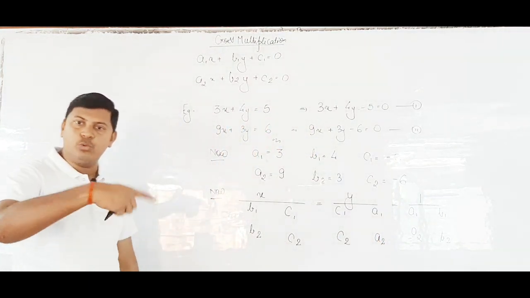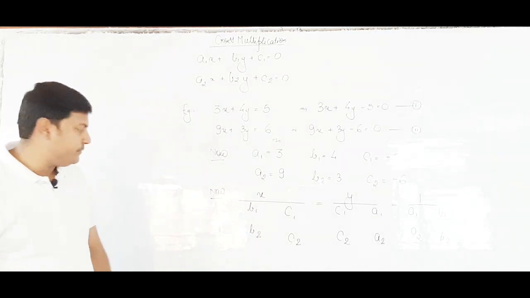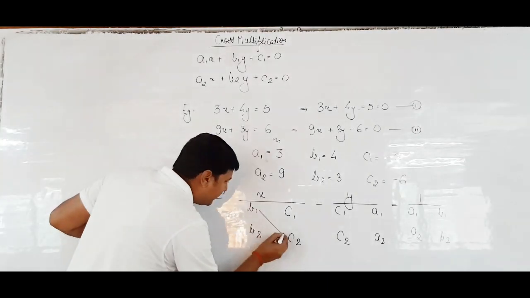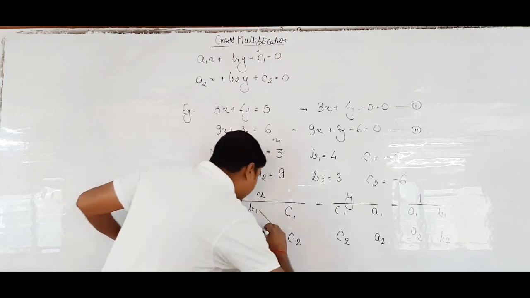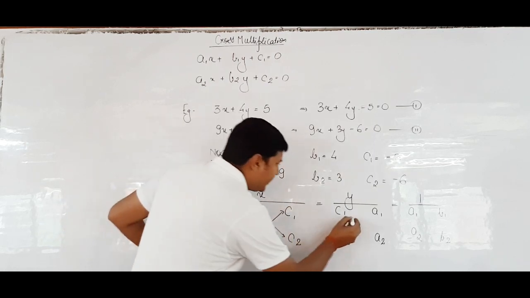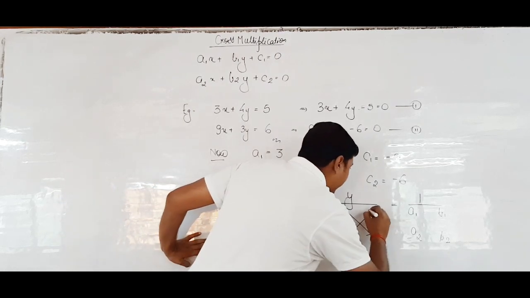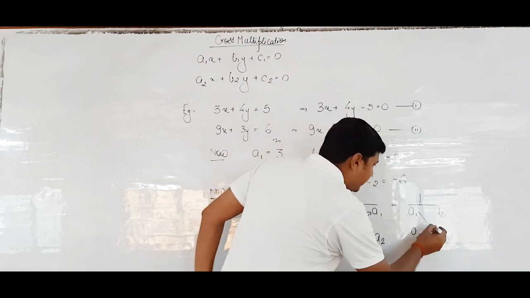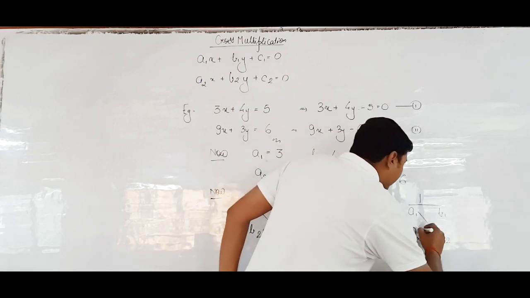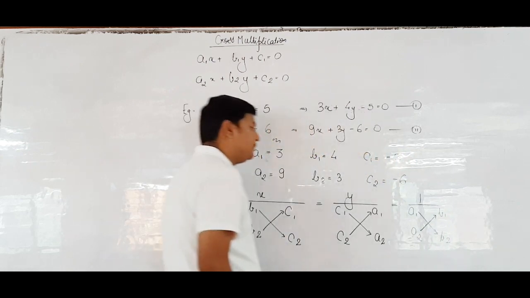And now we will do the cross multiplication. B1 into C2, B2 into C1. C1 into A2, C2 into A1. A1 into B2, A2 into B1.